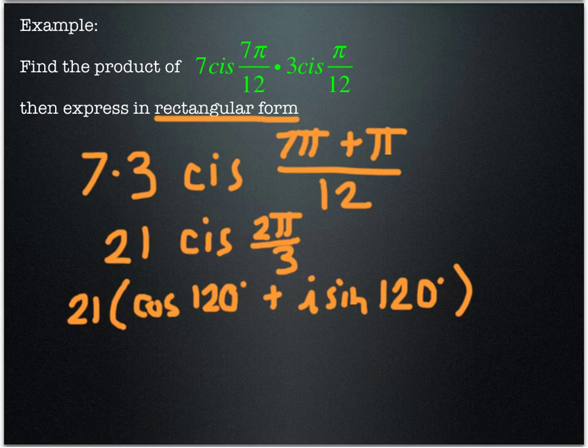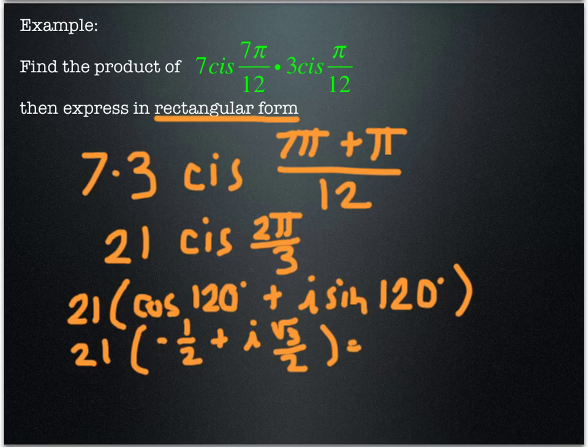Now the cosine of 120, if we think about that on our circle chart, is negative 1/2, I believe. The sine of 120 is the square root of 3 over 2. And because we're multiplying this by 21, then we do have to distribute.